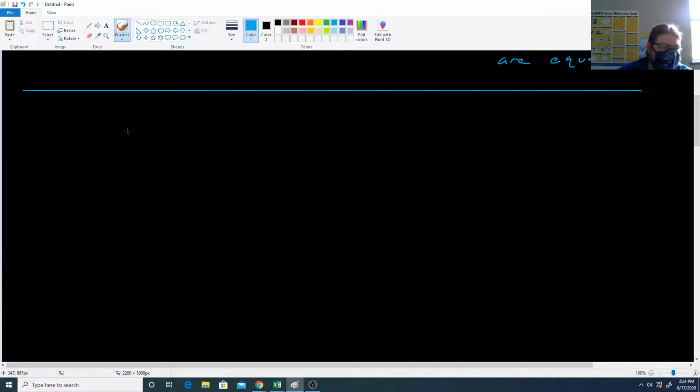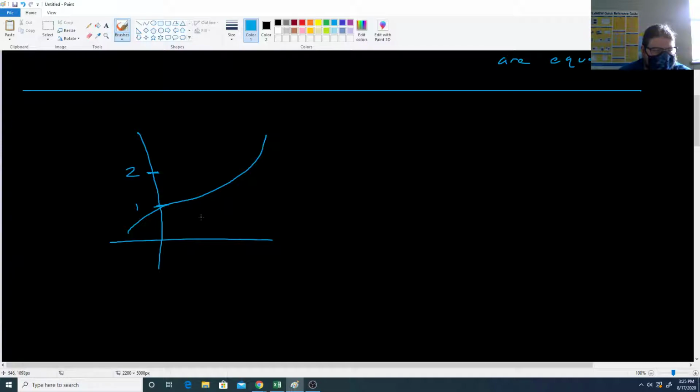Let's say we had just a quick graph here, something like that. Let's say 1 is here, and 2 is here, and we get 0, 1, 2, and 3.